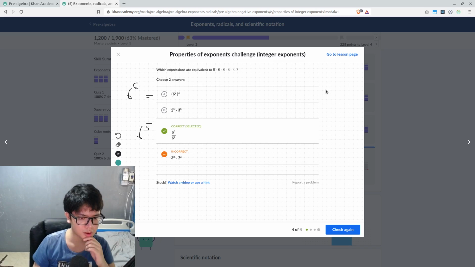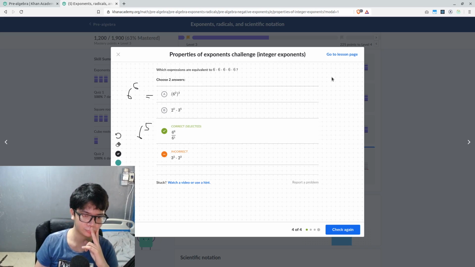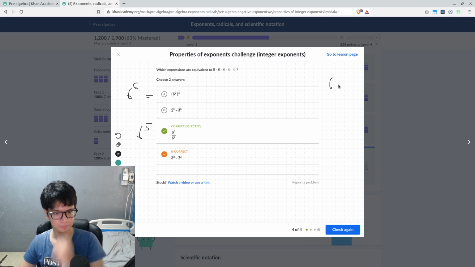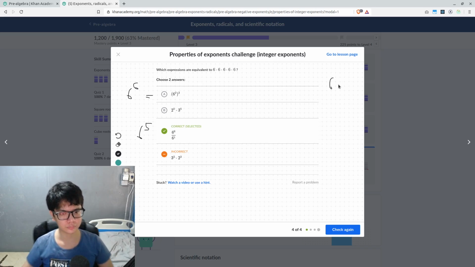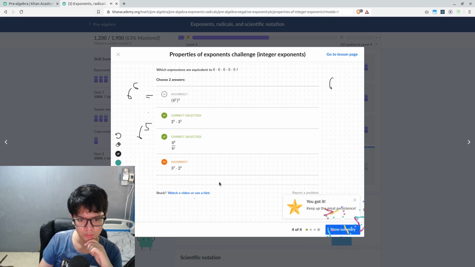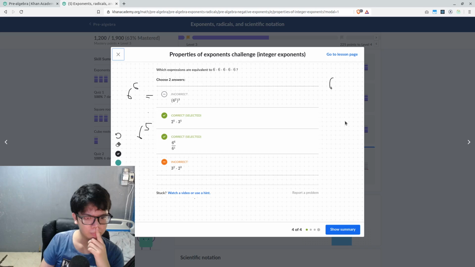Let's see. So they have the same exponent.